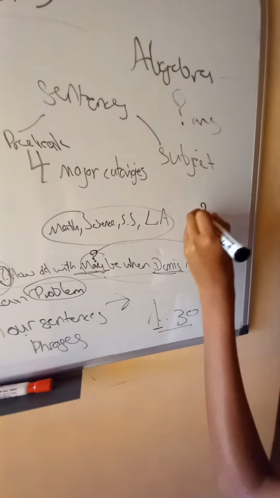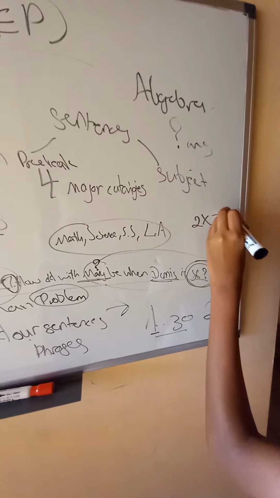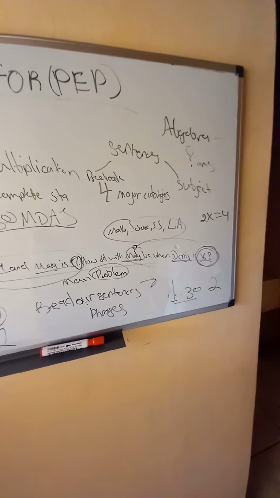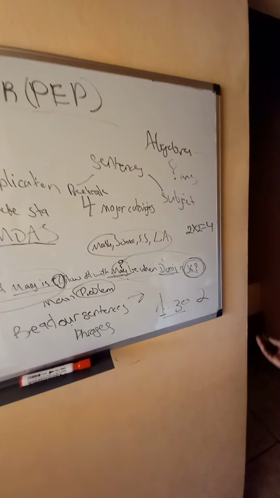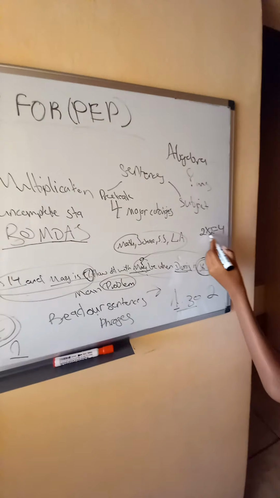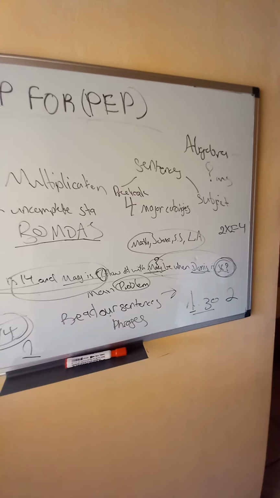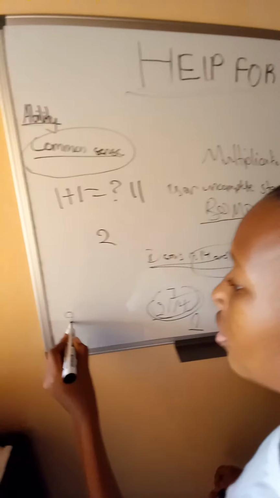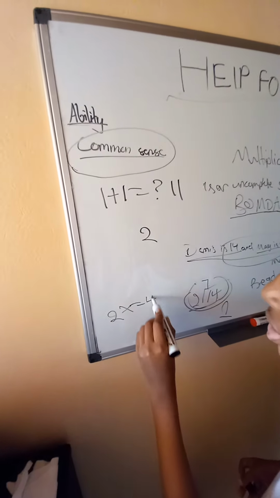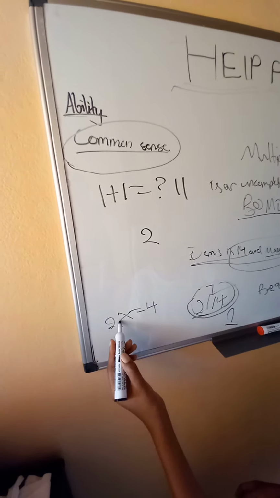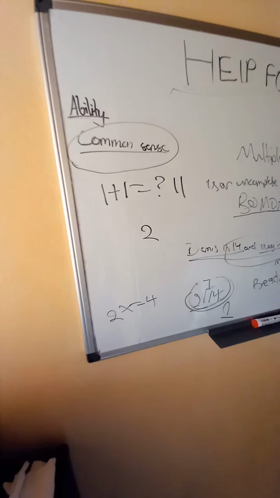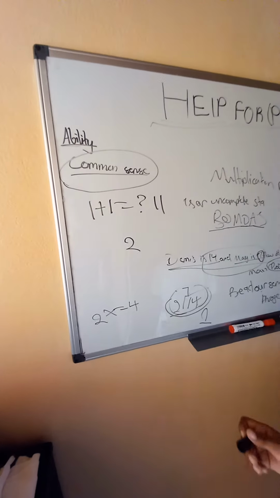For instance, we have 2x equals 4. You know that 2 times 2 is 4, so you're not going to just put it like 2 times 2 is 4. You're going to find out what the unknown is. This is actually really common sense. All you just have to do is take the 2 and put 2 beside it, because once 2 is squared or added, it is the same.